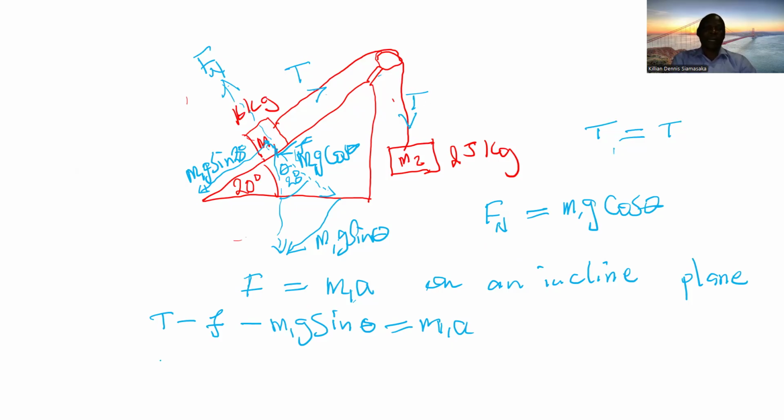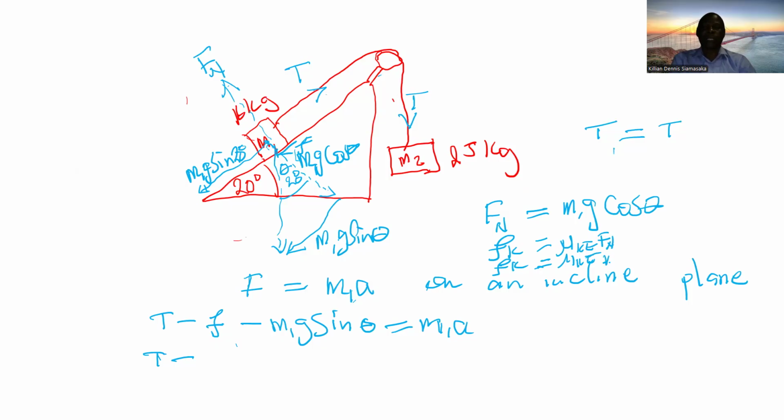So we can now substitute the tension minus friction. We know that kinetic friction, for an object which is moving, is given by the coefficient of kinetic friction multiplied by the normal force.